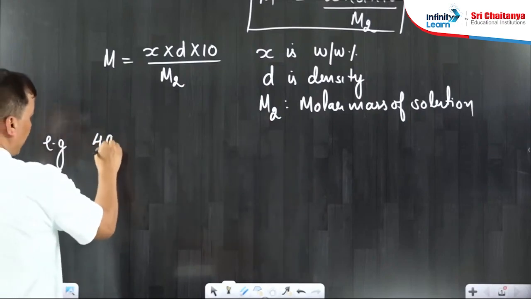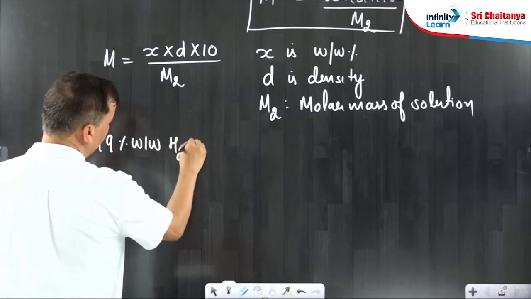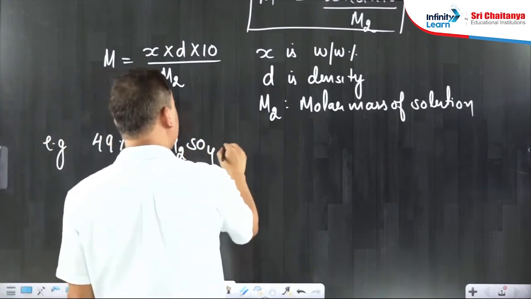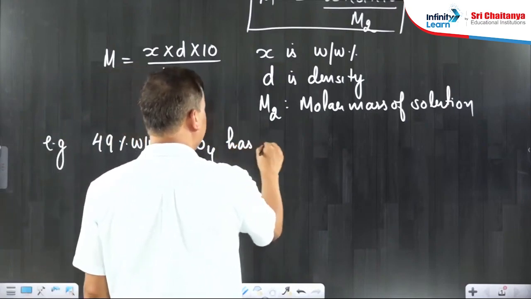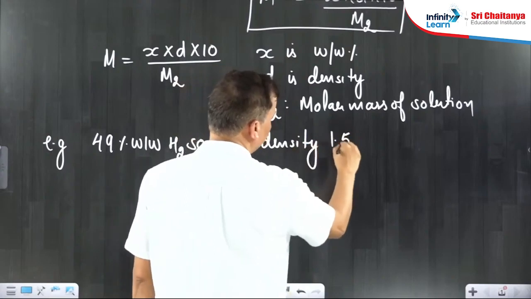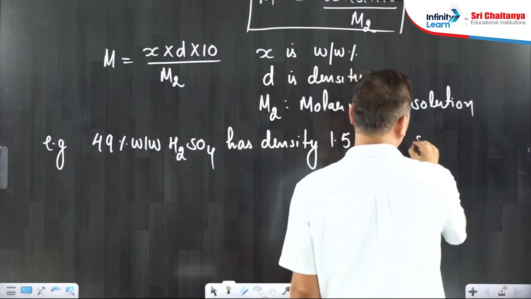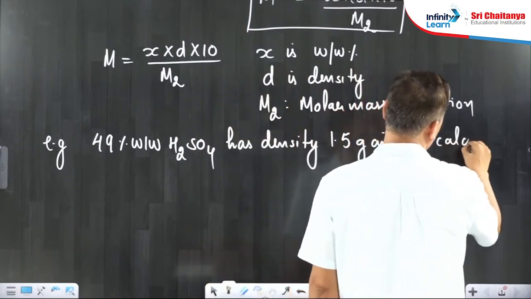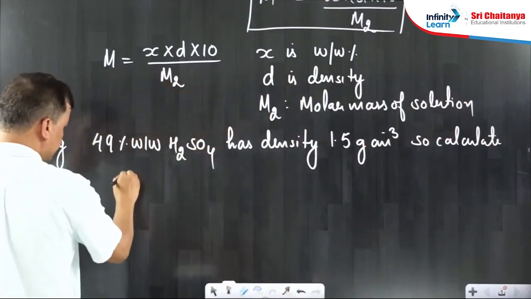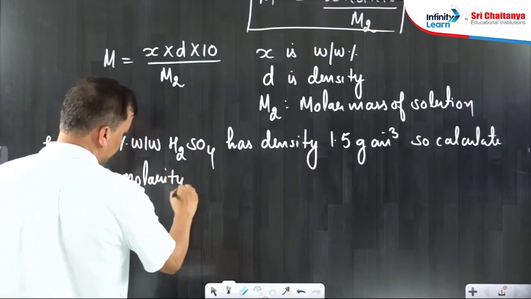For example, if we have a 49% weight by weight H2SO4 sulfuric acid that has density 1.5 gram per centimeter cube, calculate the molarity of the solution.